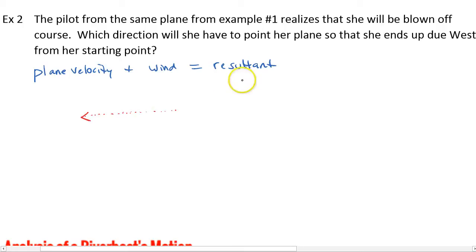I don't know what the speed will be, some speed we don't know, but I know it's going to be straight west. Now the wind, I know it's the same wind, and the wind was 95 kilometers per hour north.